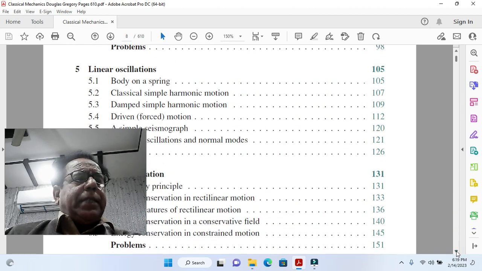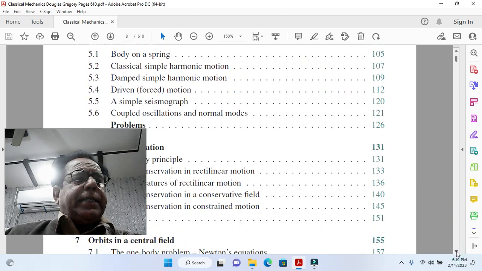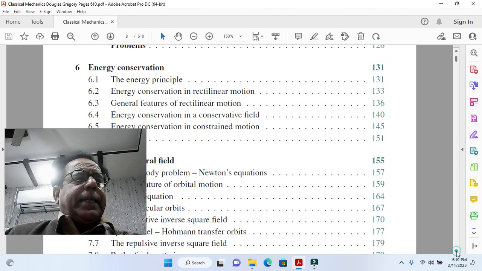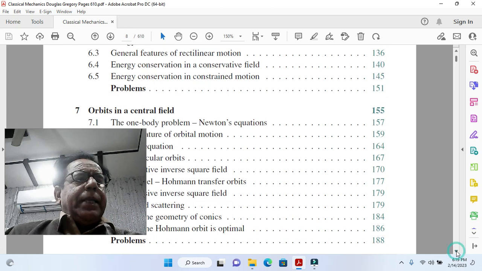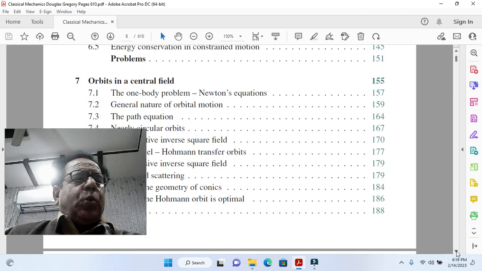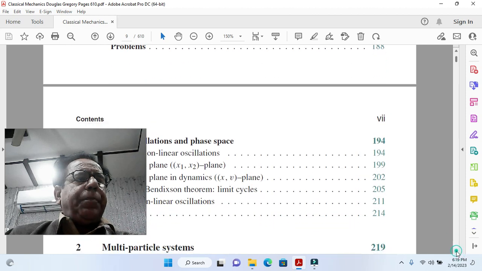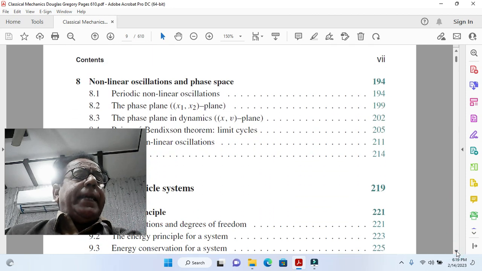Its fifth chapter is linear oscillations. Its sixth chapter is energy conservation. Its seventh chapter is orbits in a central field. Its eighth chapter is non-linear oscillations and phase space.